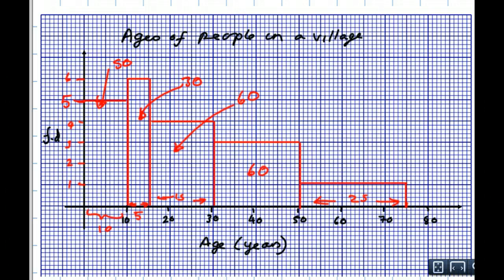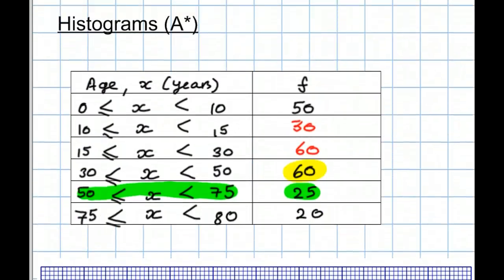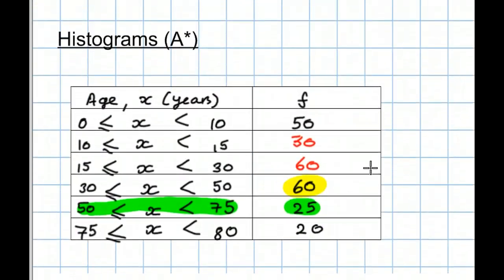And finally, if I go back to the last bit I have to represent, got some slight computer problems. Here we go. 75 to 80 has a frequency of 20.